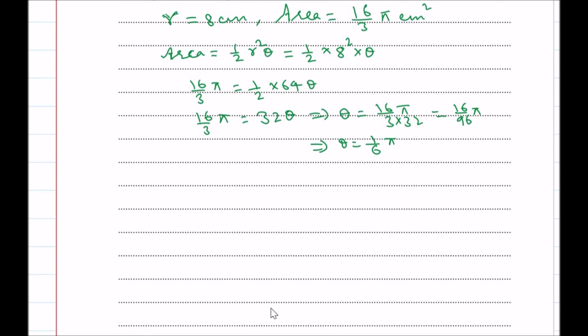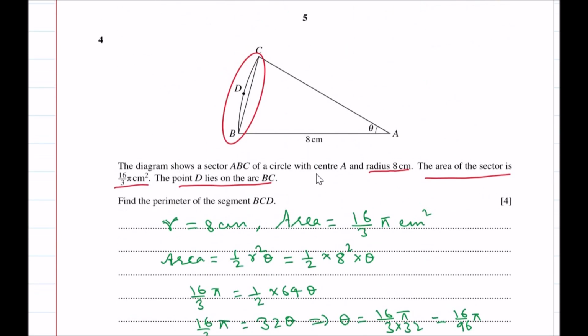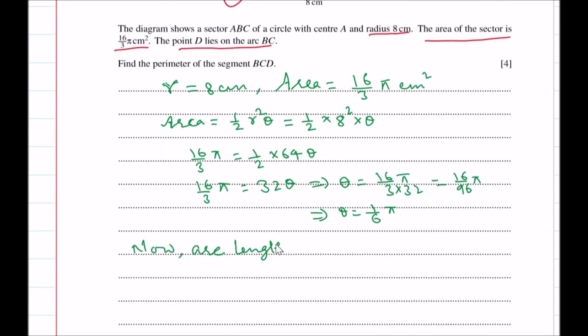Now arc length. Let us calculate arc length. So now arc length BDC. So let me write it here. BDC is symbol for arc, is equal to, we know the formula r theta.